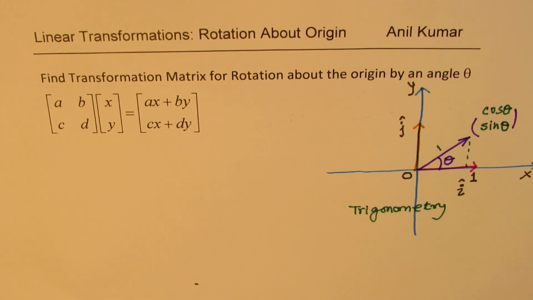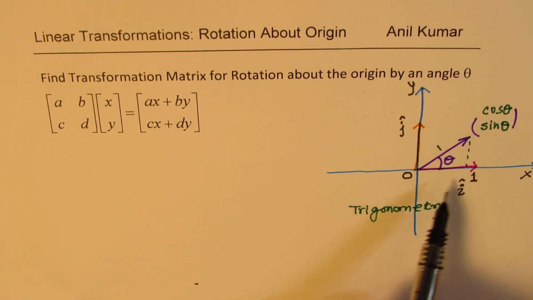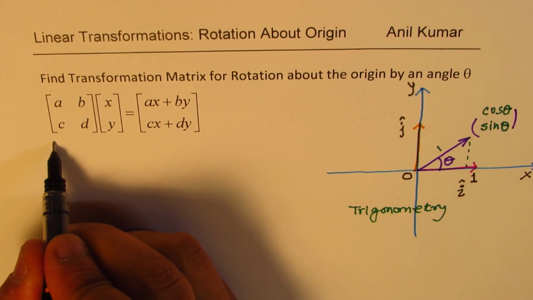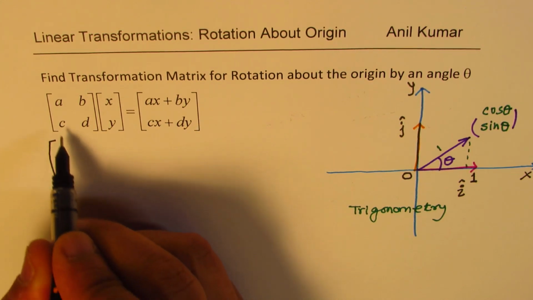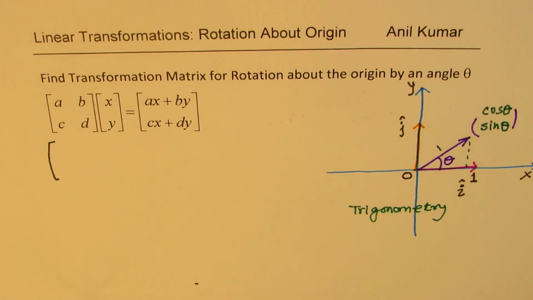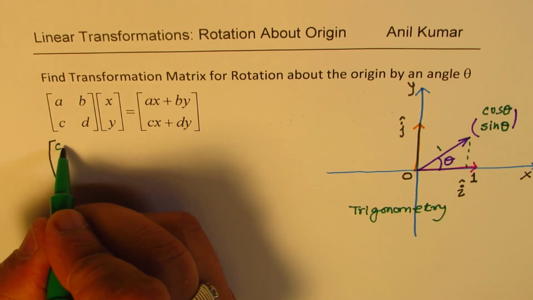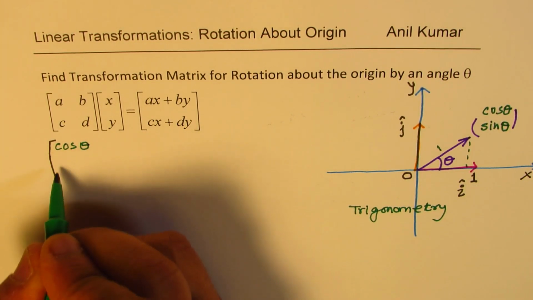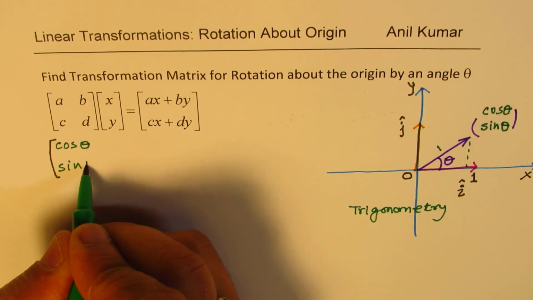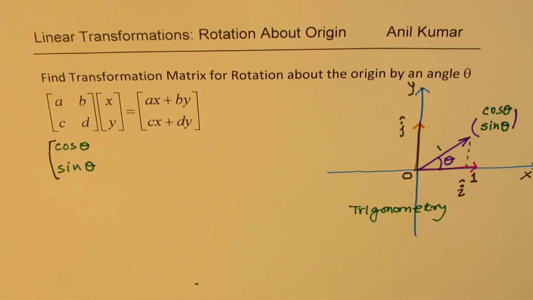Is that clear? Now, since I got it for this position moving from along the x-axis, looking into the concepts which we have learned, it corresponds to the values of a and c, right? So we get this as cos theta and this one as sine theta. Does it make sense to you? It is as simple as that. Correct?